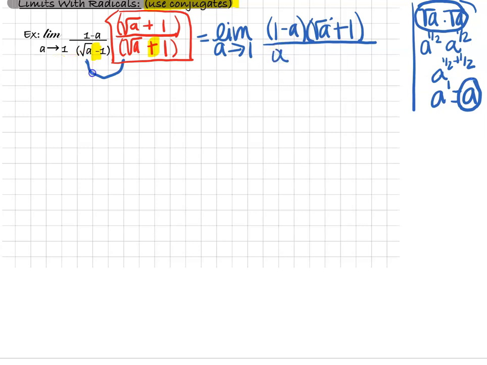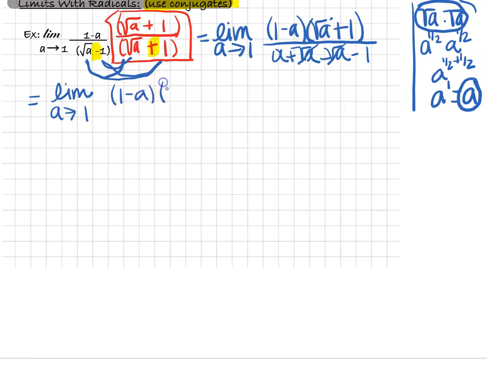Now when I distribute the square root of a to 1, I get plus the square root of a. Negative 1 times square root of a gives me negative square root of a. Negative 1 times positive 1 gives me negative 1. You can see that these middle two terms cancel. So I'm left with the limit as a goes to 1 of 1 minus a times the square root of a plus 1 all over a minus 1.